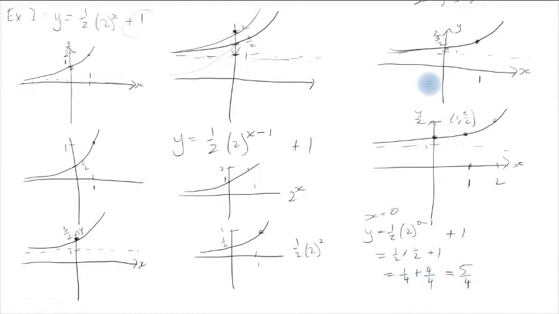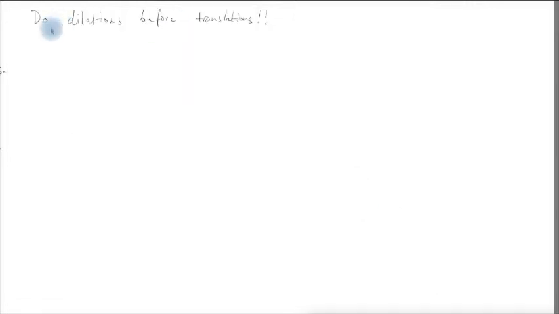So this new intercept point here is 5 quarters. And that makes sense because that's a little bit higher than 1. So there we go. We've learnt we need to do dilations before translations.